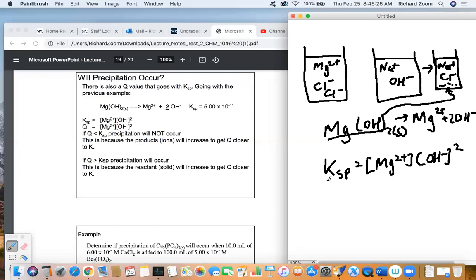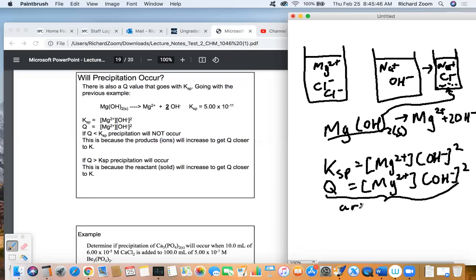But if you remember, our friend Q is the reaction quotient, which allows us to determine what the situation is at any time, not just equilibrium. And this is only at equilibrium, because that's an equilibrium constant.